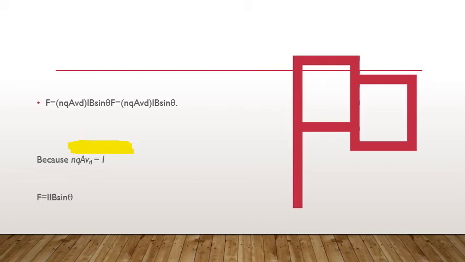If we put this value there, then this will be converted as F is equal to I L B sin theta. So in a current carrying wire, the force is I L B sin theta.